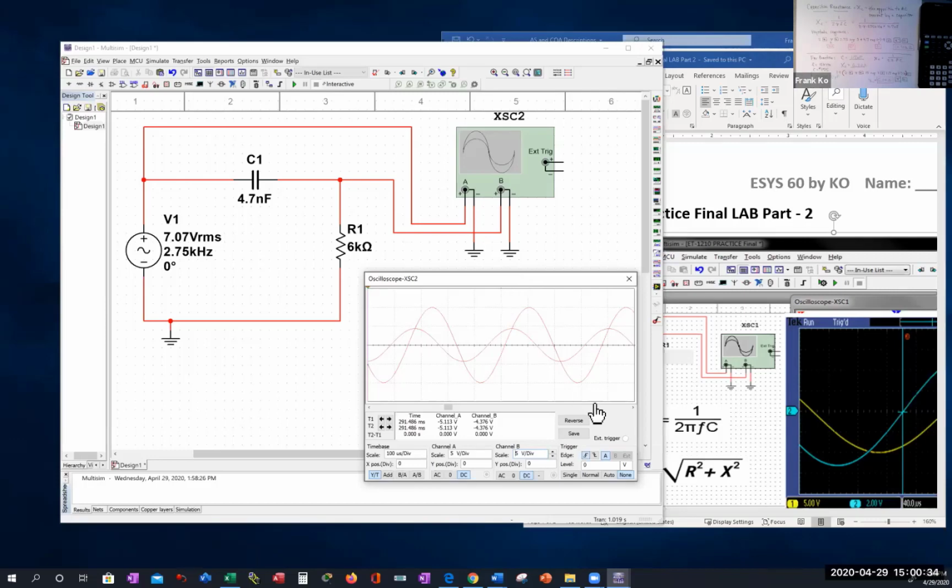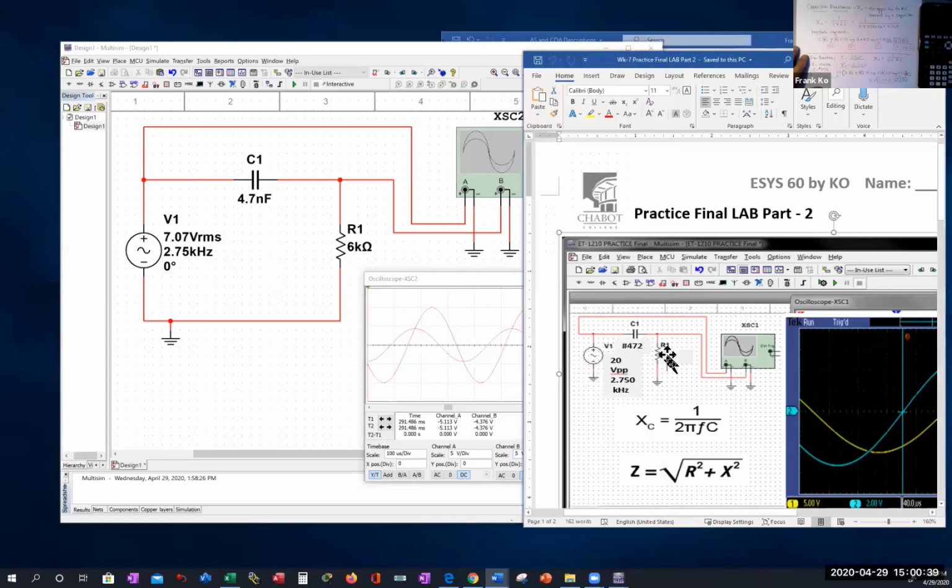Okay. So can you, by an assignment, be given a circuit, some peak-to-peak value, some frequency, some coded value for a capacitor?